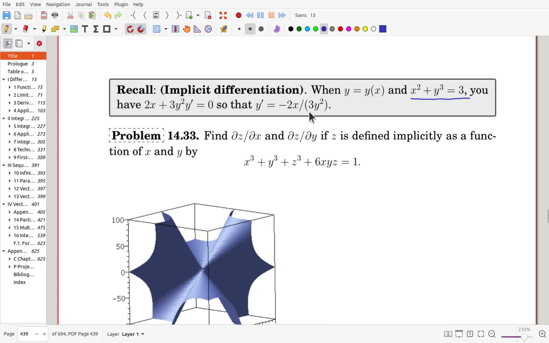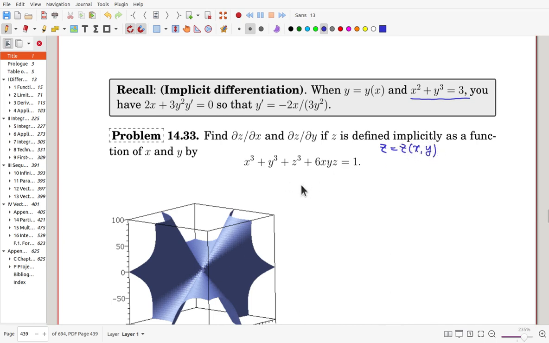So that's the result. Exactly the same way, you can find the partial derivatives through implicit differentiation for functions of two variables. Now, z is a function of x, y, and here the assumption is z is z of x, y.